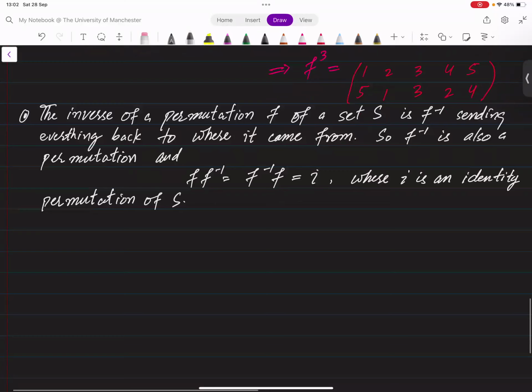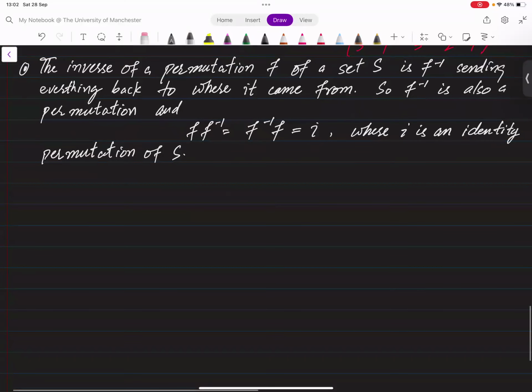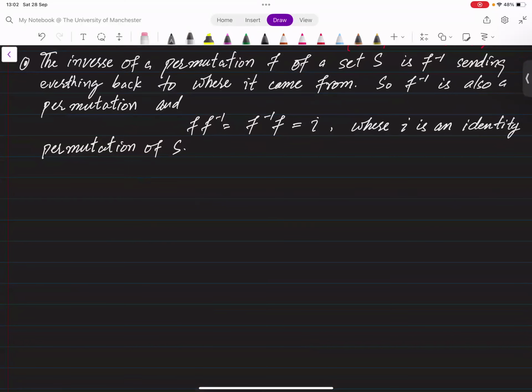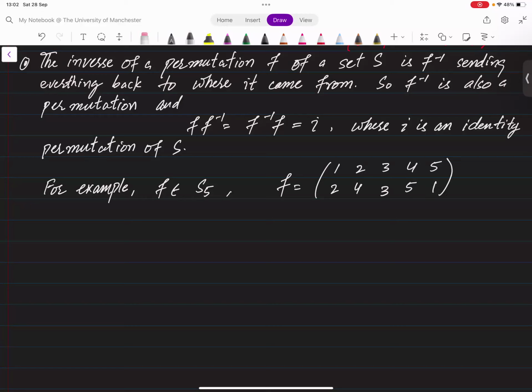Okay. For example, let's say f is a permutation inside S5, which can be written as 1, 2, 3, 4, 5. 3 is fixed, 2 goes to 4, 1 goes to 2, 4 goes to 5, and 5 goes to 1.